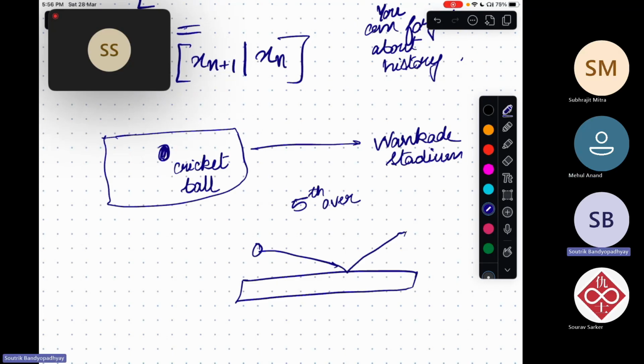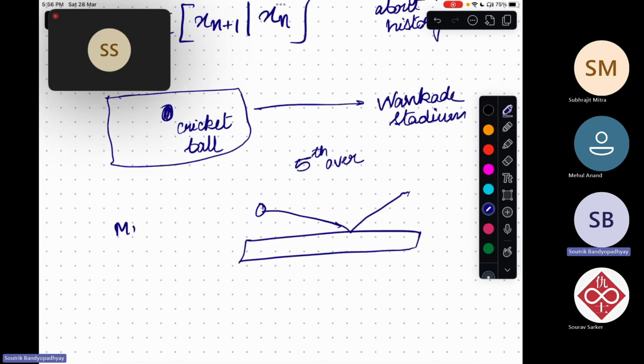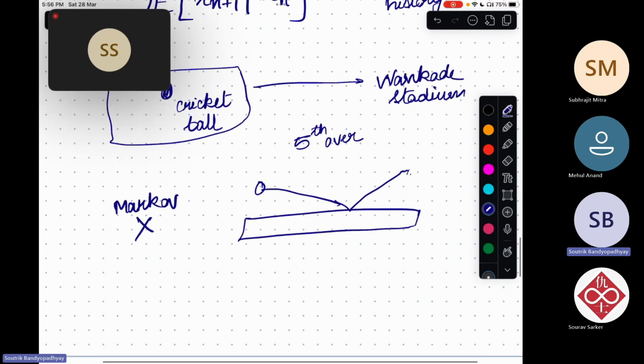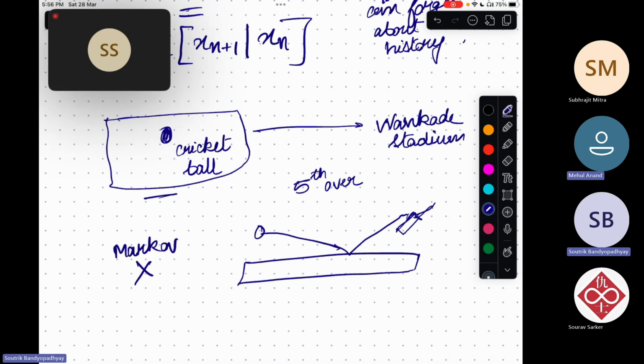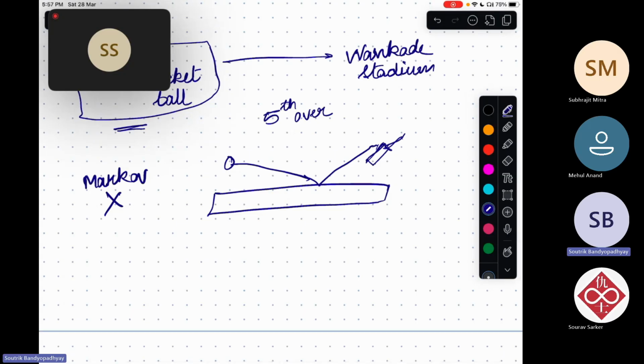Now, if this situation was not Markov, then the probability of this ball being hit by the batsman and the batsman scoring a six would have depended upon the path that this aeroplane took. But as we know, this is not the case. The only thing that matters at this moment when the ball is being thrown to the batsman is the pace and the actions of the bowler and not the history behind it, right?